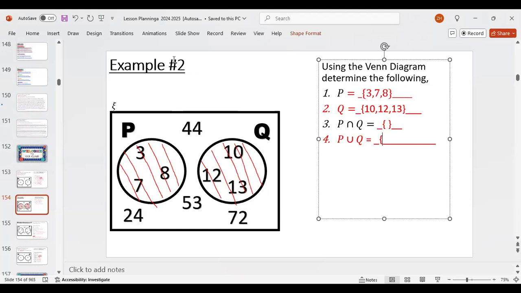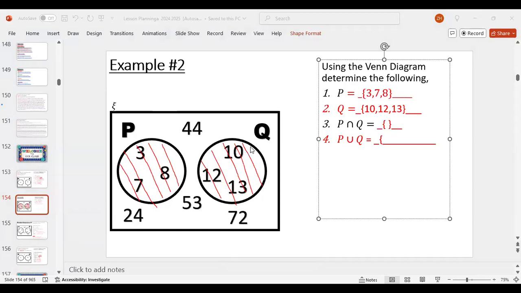Go ahead, Kamani. Union is everything. The union is everything. Everything inside the rectangle? No, that's the universal set. I just want the union. So I just want P and Q. That's why I have it shaded.